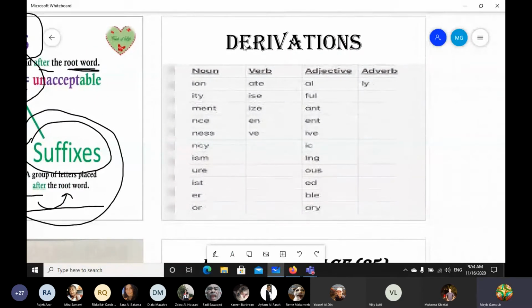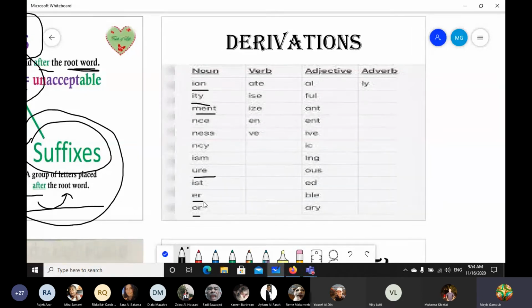So, if I have a verb, for example, and I want it as a noun, these are some of the suffixes that I have to add in order to form my new word, such as ion, ity for the noun, ment, and er or ist for people, for names of people or jobs. Here we have the verb suffixes ate, ize.